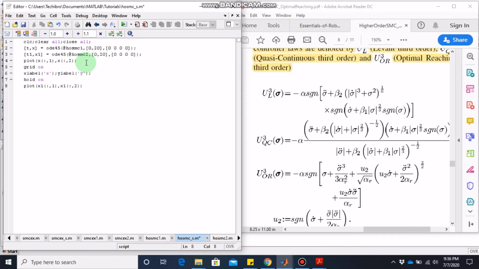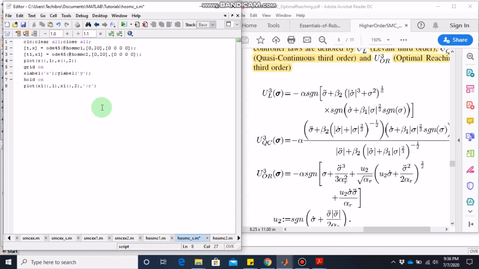So this x1 name comes from the other trajectory, and I also want to use a different color for this, so I would just use dotted red lines for this plot so that I can see the difference.